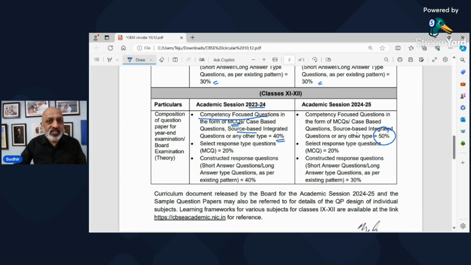The MCQ based response type questions, that will be 20% like last year. But the long format questions, which were at 40% last year, this time has been reduced to 30% of your question paper. Okay, so class 11 and 12 students need to pay attention, because the ratio of the kind of questions that will be asked has changed as far as your class is concerned. So you need to pay attention. So the percentage of such questions has changed.